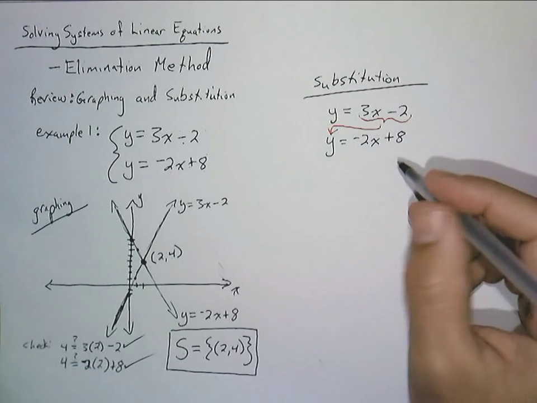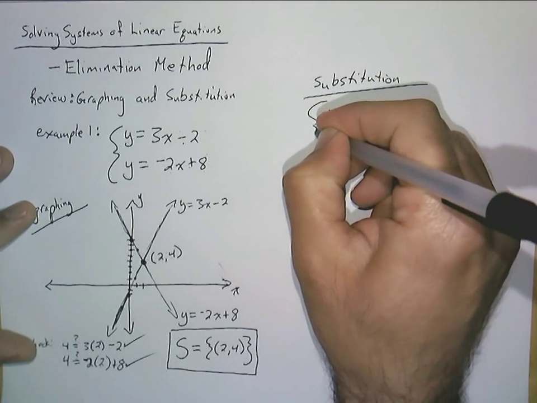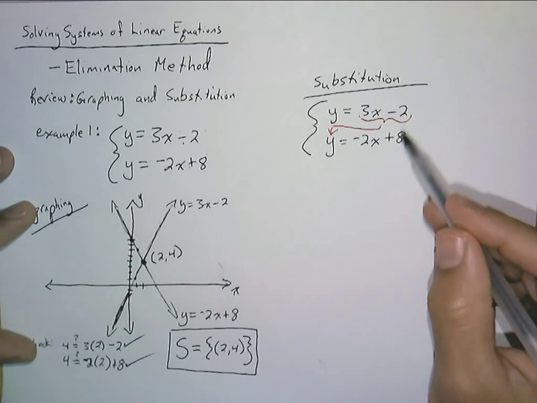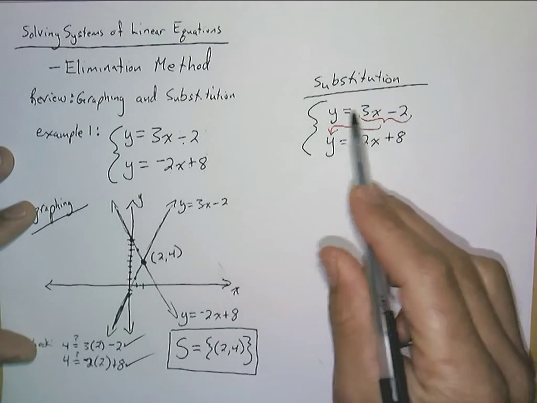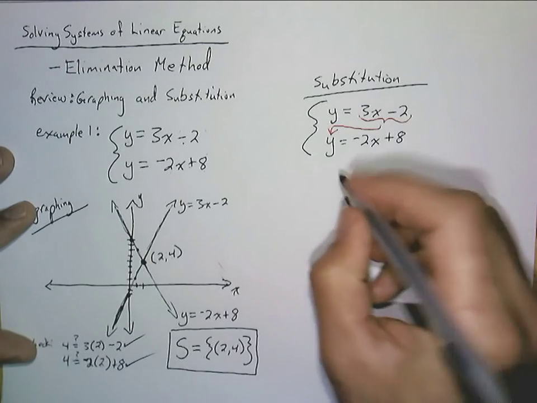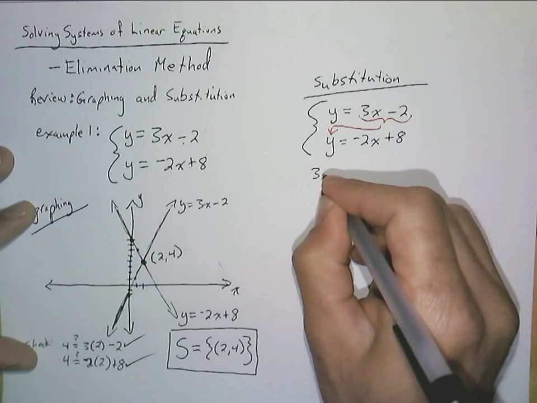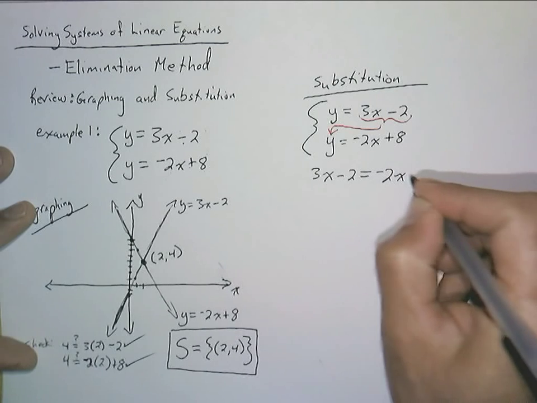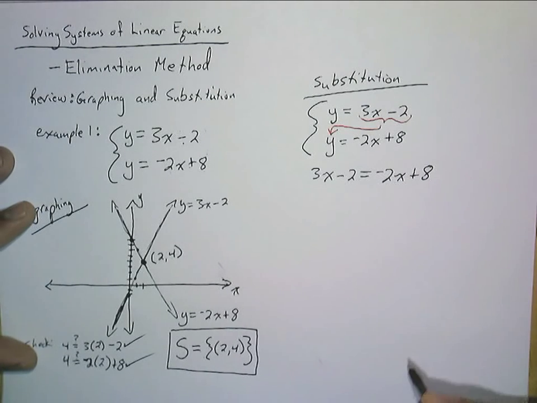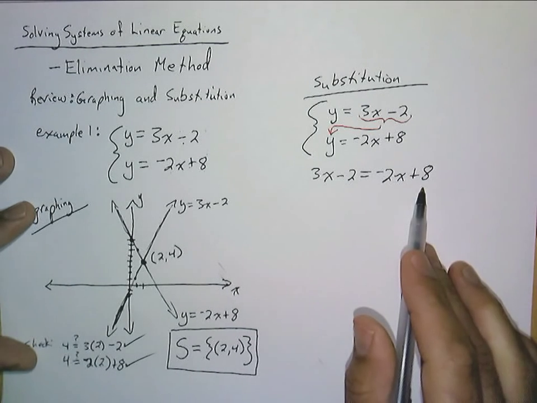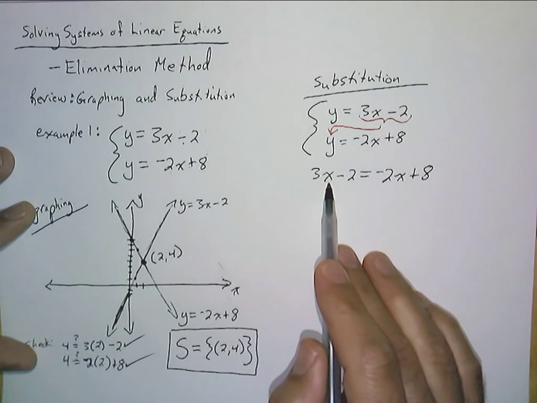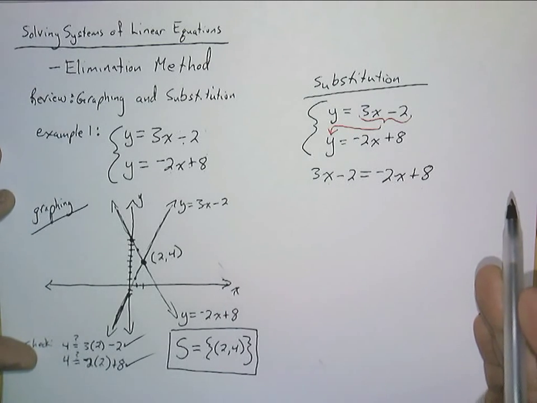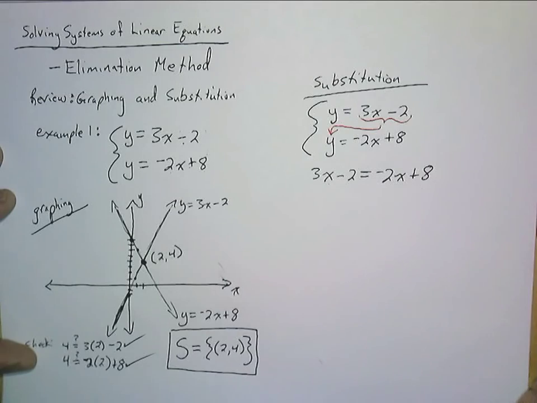What happens is that this system of two equations in two unknowns suddenly becomes 3x minus 2 is equal to negative 2x plus 8. Now we have a single equation in a single unknown. That's kind of important, because we already know how to solve a single linear equation in a single unknown, which this is.